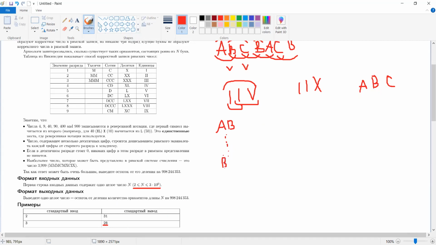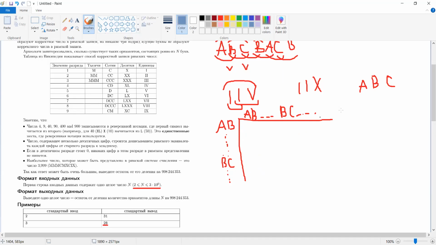If there are no such BCs, we list them as well. Then we have columns. So this will be our matrix. And what do we do here?